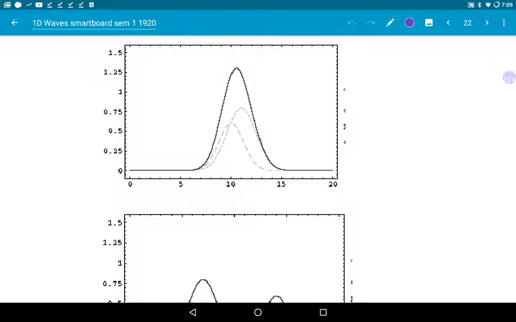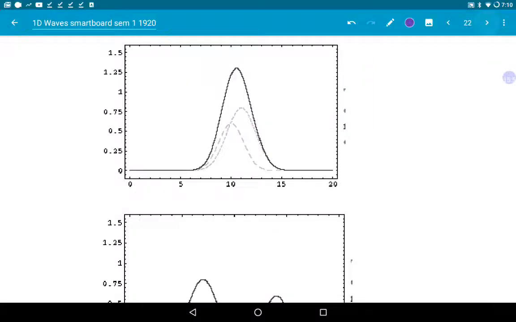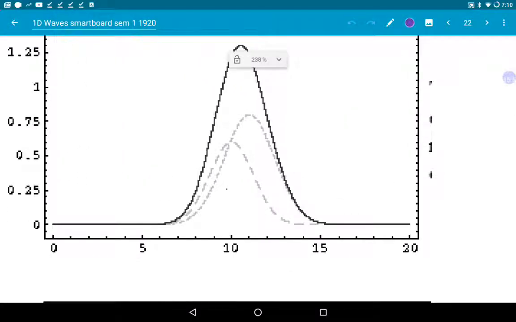I just need to take a look. Was A the small one or the big one? A is the small one, B is the big one. So if I label them here, okay, this is A, and then this is B. And at this point here, they're overlapping to make this larger pulse at this point.